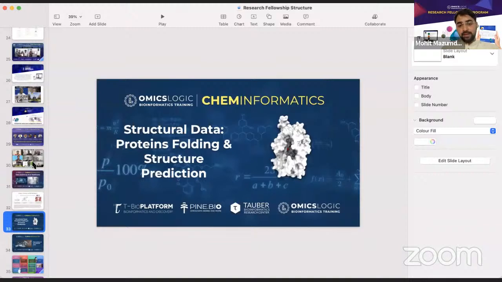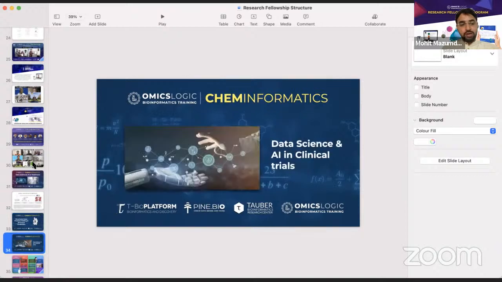That recently came out and surprised the structural biology world, and not only the structural biology, but maybe the entire world. So another application is data science and AI in clinical trials. So this is a huge area when it comes to AI-based drug discovery.